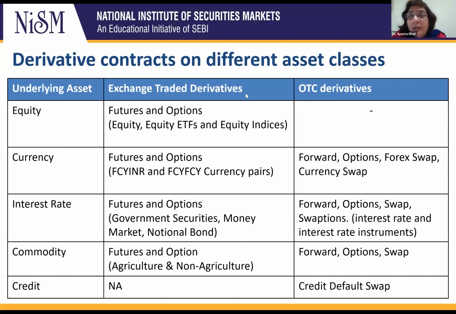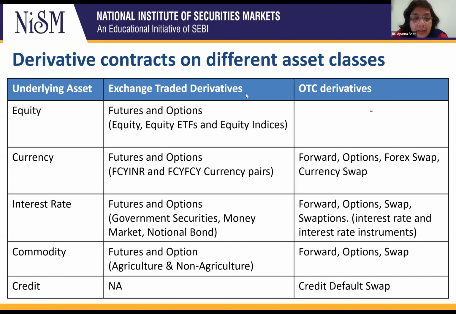In India, we have currency options and futures which are traded on NSE and BSE. But there are also other kinds of derivatives like currency forwards and currency swaps. These are traded in the OTC market, between banks and corporates, or only banks, right? So they are traded in the OTC market.